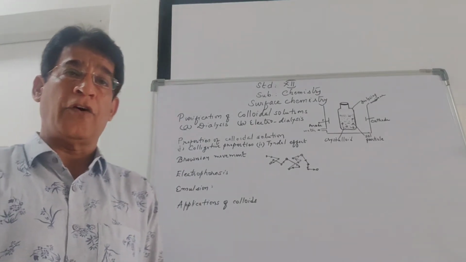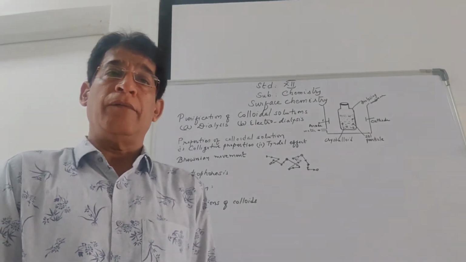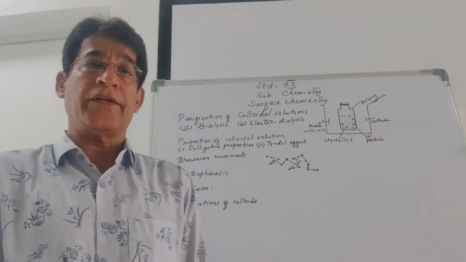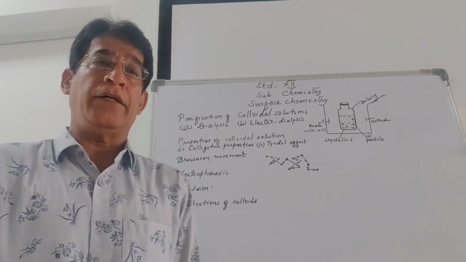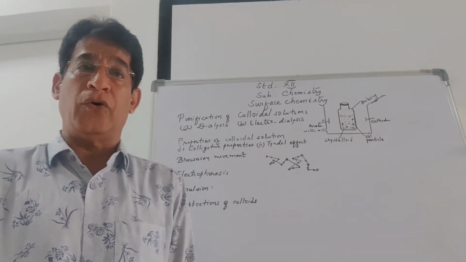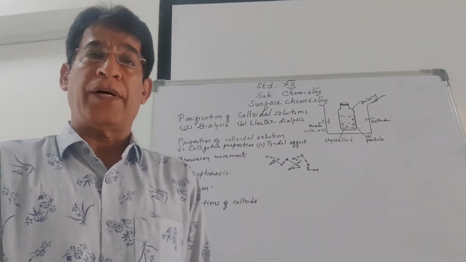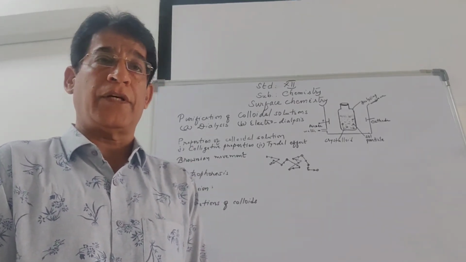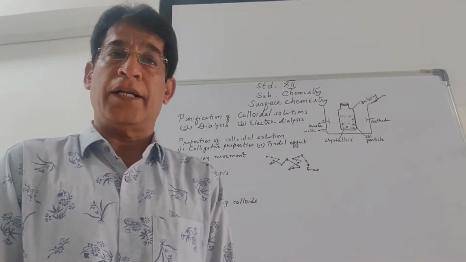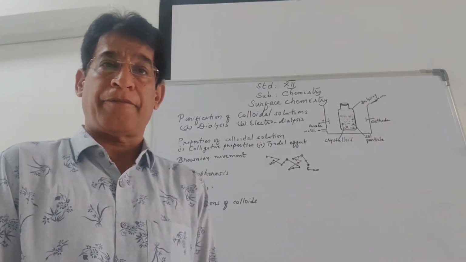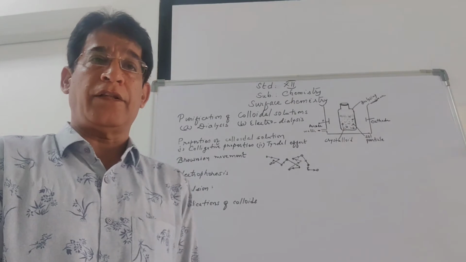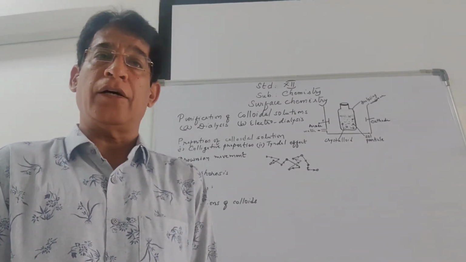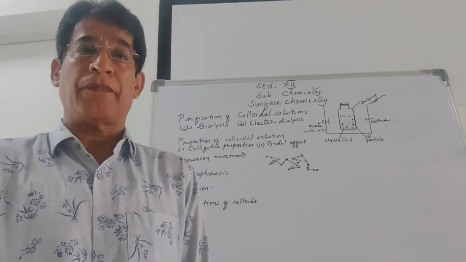Now, preparation of emulsions. Emulsions are generally prepared by vigorously agitating a mixture of the relevant oil and water by using either a high speed mixer or by using ultrasonic vibrators. The emulsions obtained by a simple mechanical stirring are unstable.